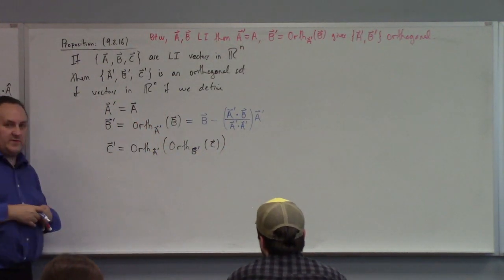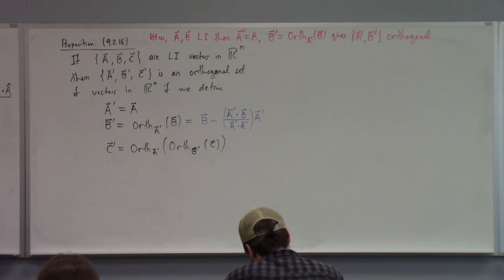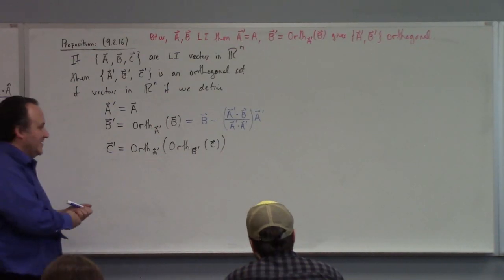That's the formula for the projection I have over there, replacing A with A prime. If you remember back to last class, that was the formula I wrote for the second step in the Gram-Schmidt algorithm. So the Gram-Schmidt algorithm is based on using orthogonal projections of projections. That's the idea behind it.